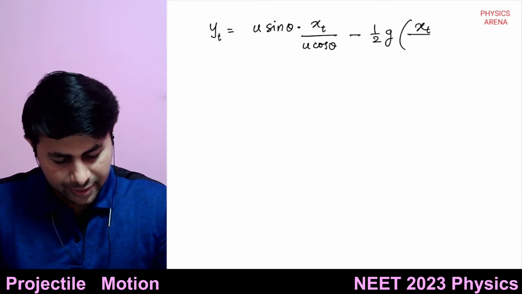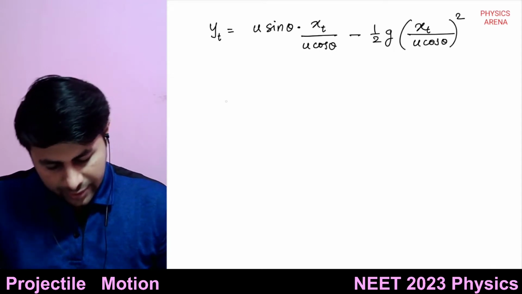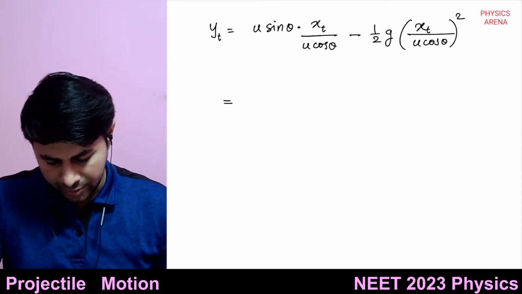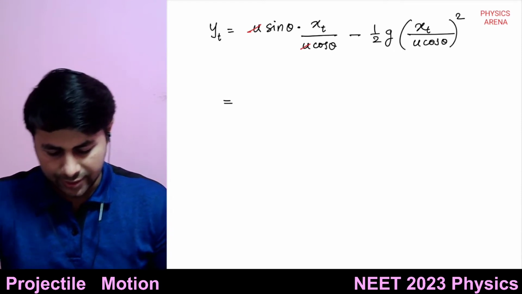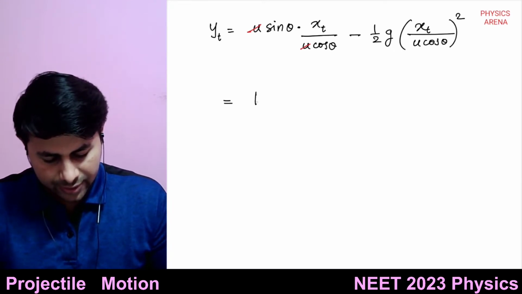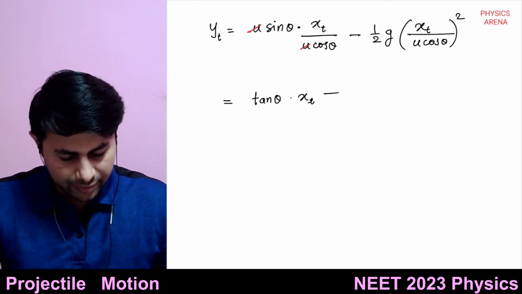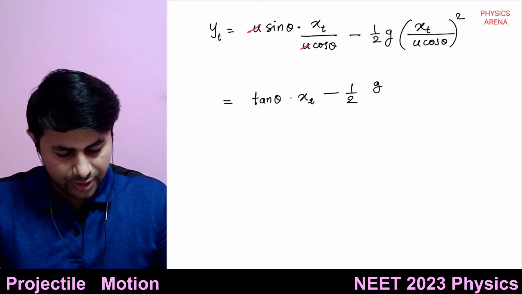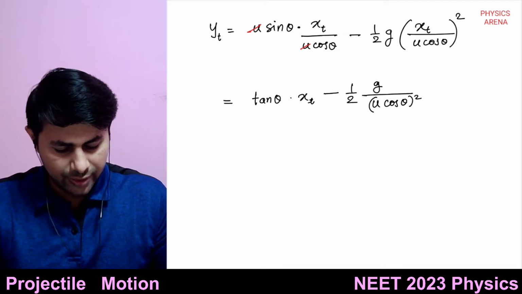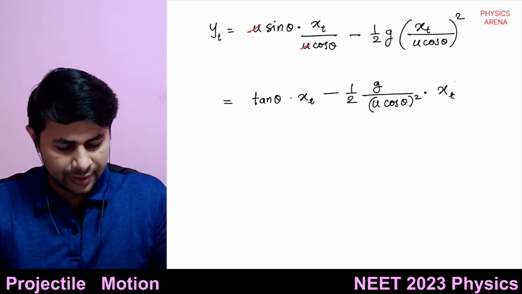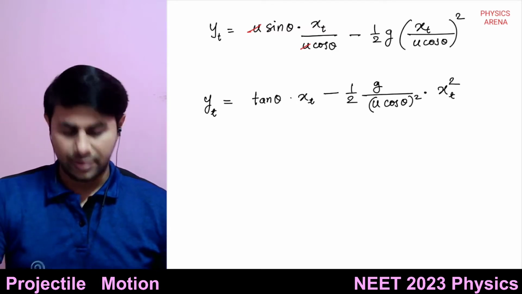So t is x divided by u cos theta, and you have square of that. So this is equal to, here u and u get cancelled, sin theta upon cos theta is tan theta. So this is tan theta multiplied by x at t minus half of g upon u cos theta square multiplied by x at t square. Okay, so this is y at some time t.